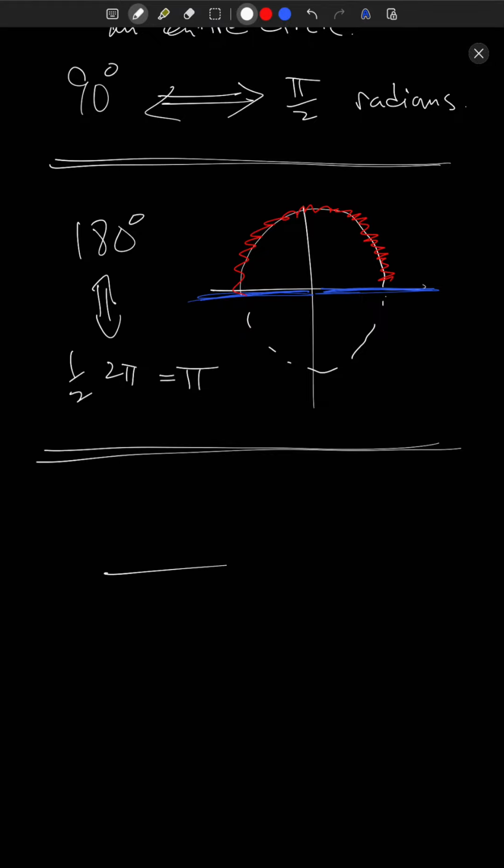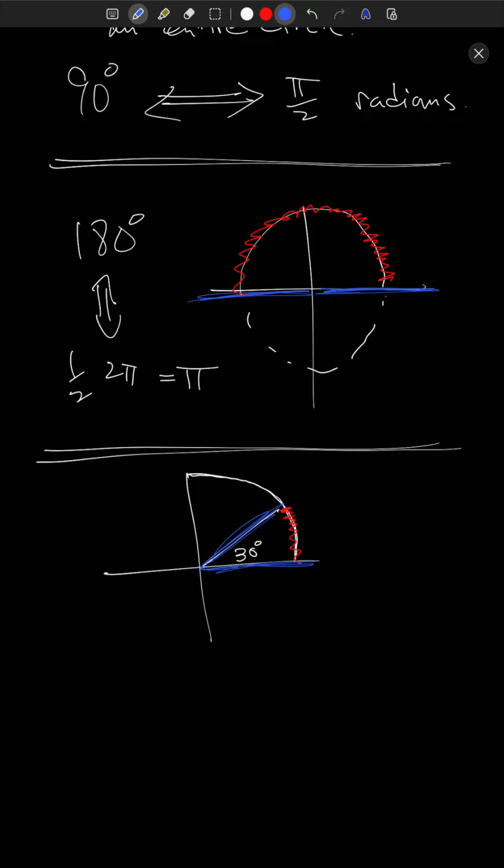Let's do one more. So what about 30 degrees? 30 degrees is an angle that we're going to be working with quite a bit in our class, because trig functions work very well in terms of simple computations with them. So here we're talking about a circle of radius 1. We want to measure how long this arc right there is. Here's our initial side, there's our terminal side.